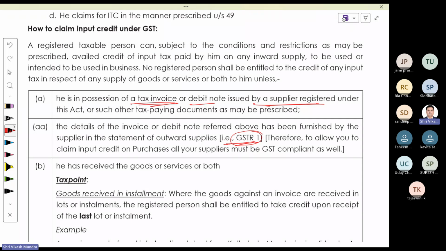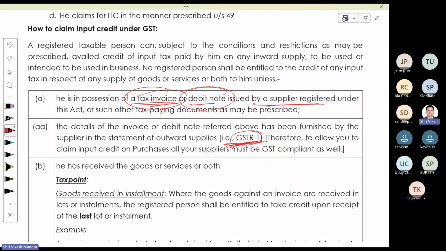Is it clear? Even though he possesses a tax invoice, it may be forged; he possesses a debit note, we will not give you ITC, the credit of tax paid by you. That is available only if your supplier confirms that through filing GSTR1 or any document equivalent to GSTR1.